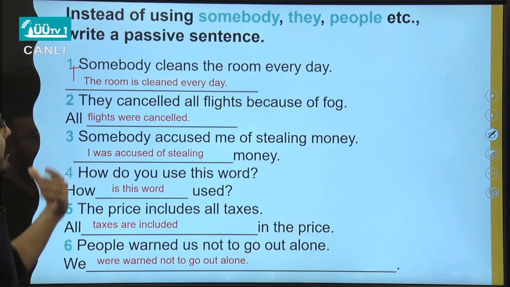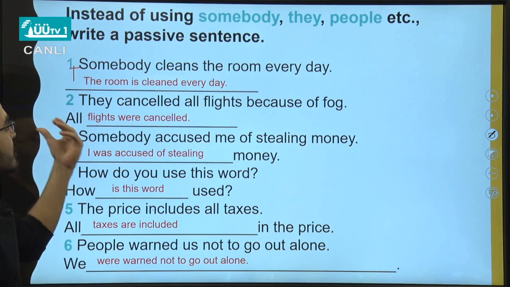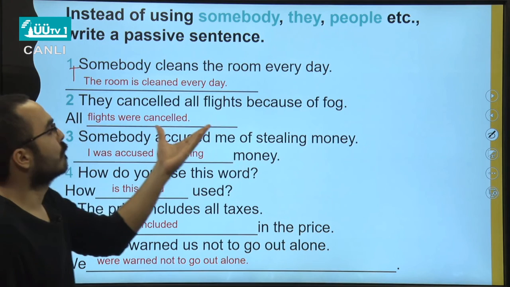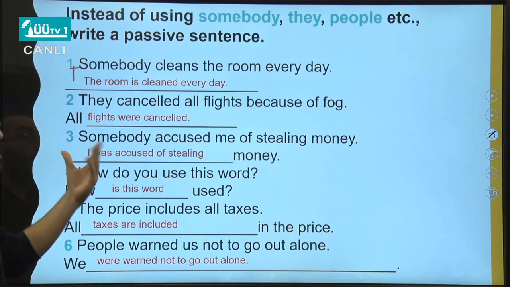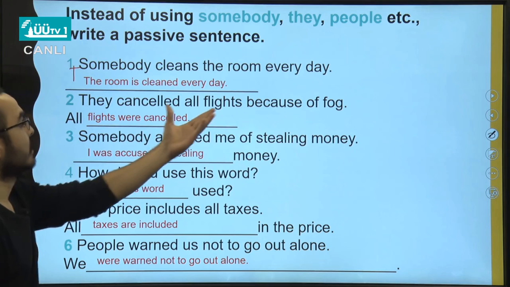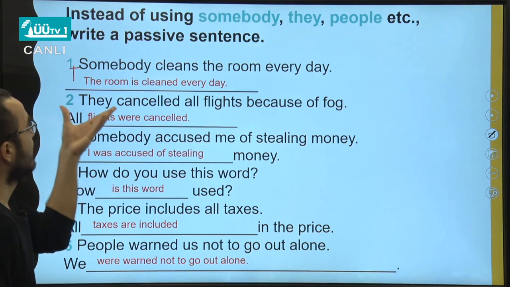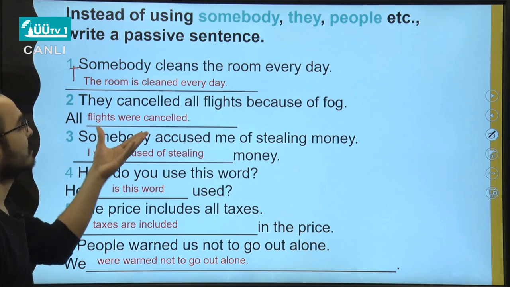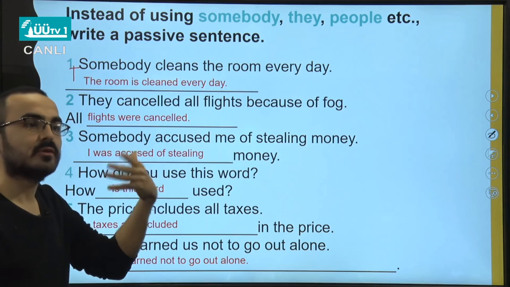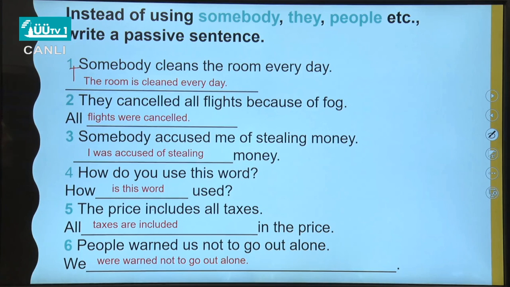So again, let's look at this example. For example, they cancelled all flights because of fog. All flights, right? My object. Who cancelled? They. All flights were cancelled. You can say this sentence like this too. By who? By them, for example.